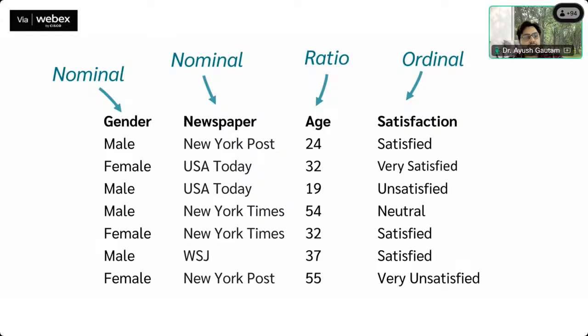So nominal data means the data which cannot be arranged in any sequence. But ordinal data is the data which can be arranged in a sequence. For example, satisfied, very satisfied, unsatisfied, neutral. This can be arranged in a sequence like unsatisfied, neutral, satisfied, very satisfied. So that's why those kinds of data are called ordinal data.